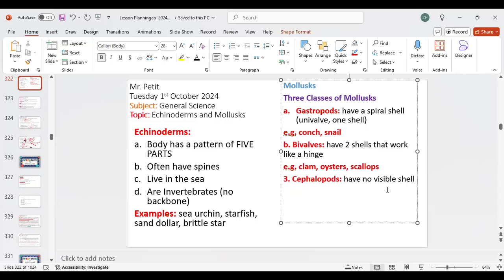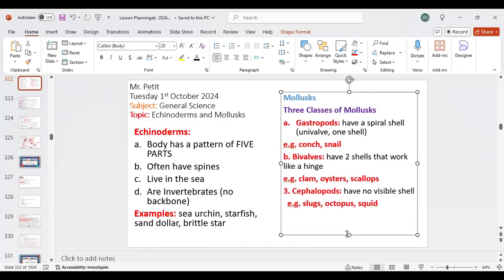For example, slugs, squid, octopus. These are your examples. These are your three classes, right?